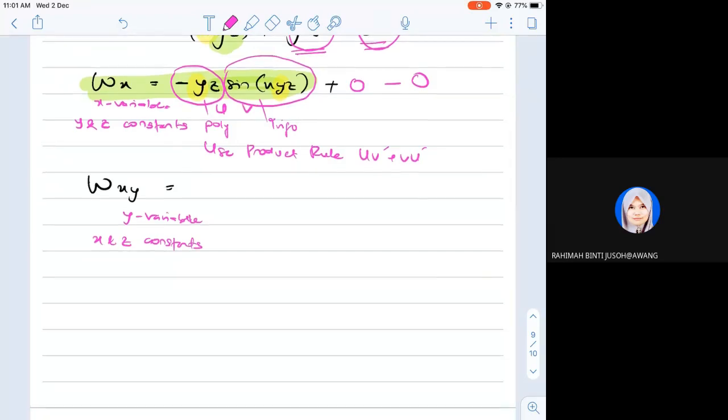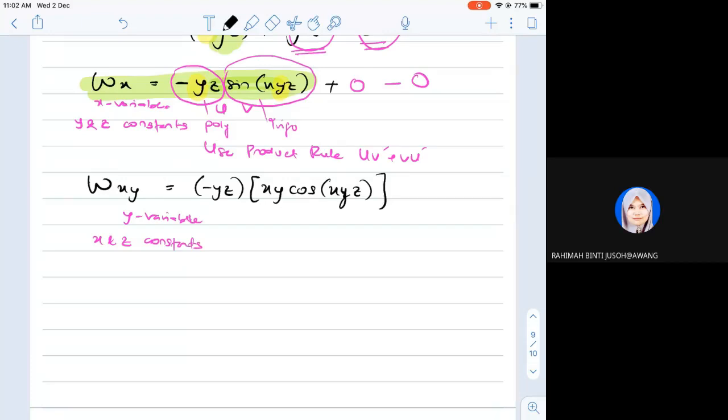Okay, so let us solve this. U is negative yz, so just copy it down. Differentiate sin xyz with respect to y. What happened? Yes. Bring x and z to the front. So xz, differentiate sin, we get cos xyz, just copy it down like this.